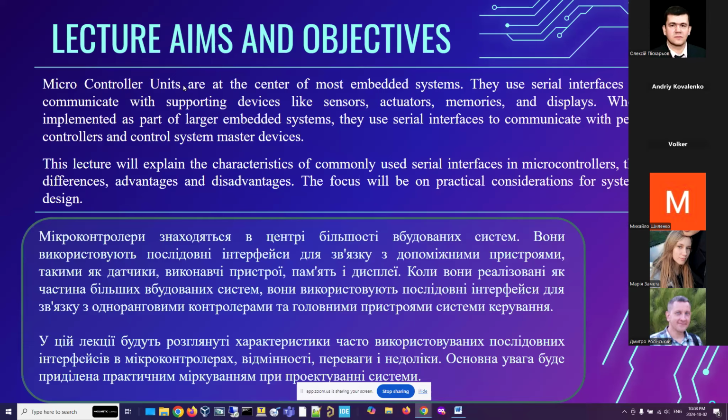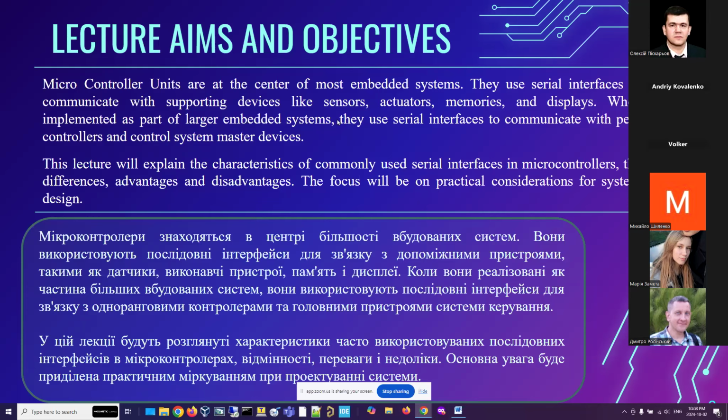So I'm starting with some general information about microcontroller units here. Most microcontrollers have serial interfaces to communicate with supporting devices. I will give some examples at the end of the presentation. In larger systems, the microcontroller units might be slave devices, subordinate devices to PCs, to embedded Linux systems.